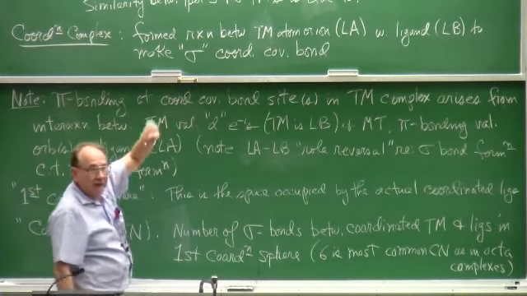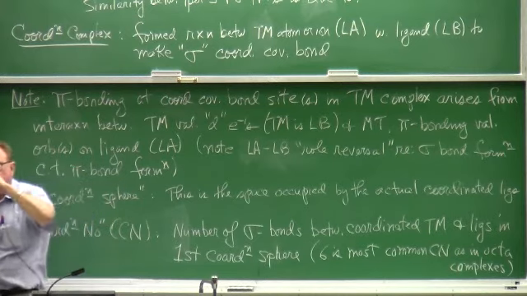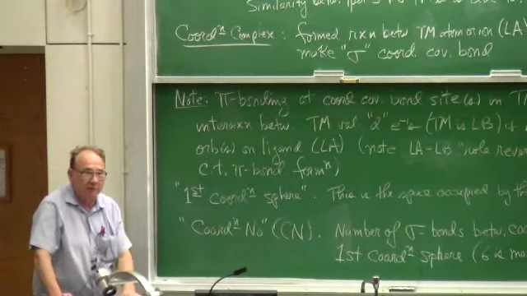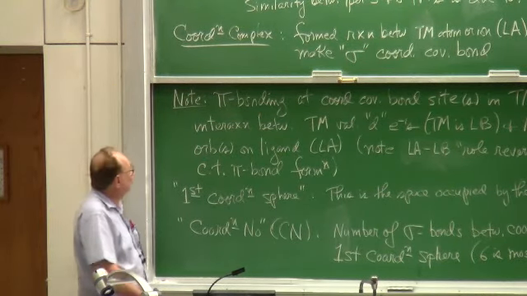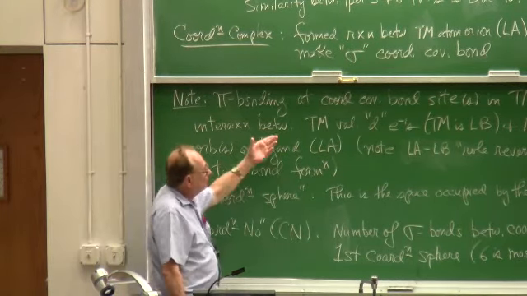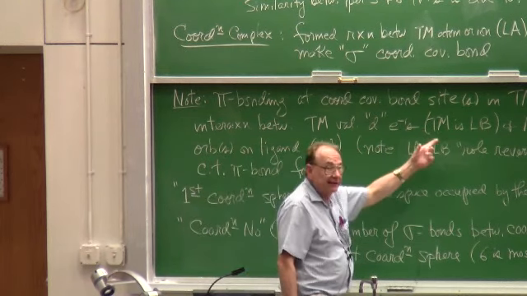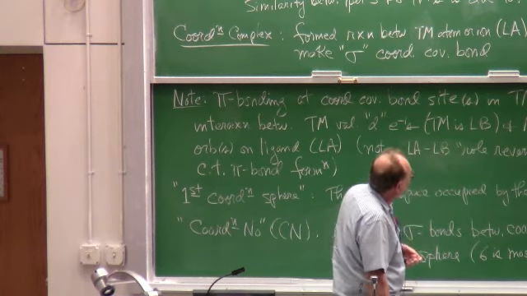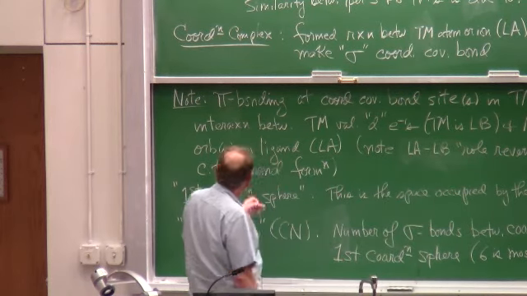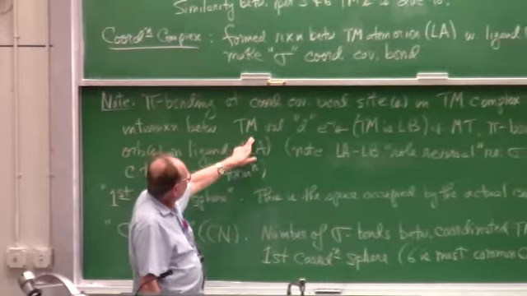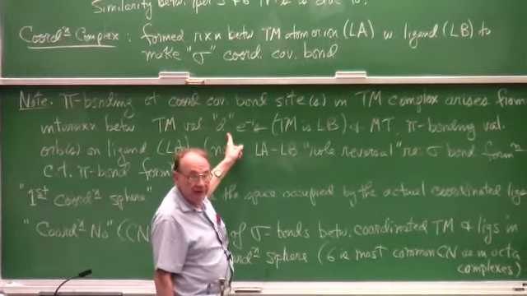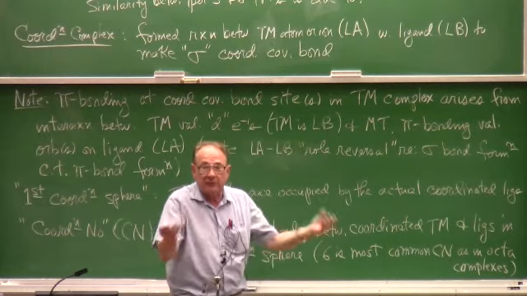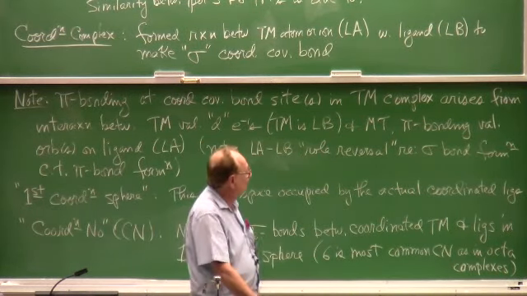But, as we have already discussed, to try to make this aspect of coordination chemistry more palatable to you as we plow further through chapter 24, pi bonding at a coordinate covalent bond site, or bond sites, in a transition metal complex, arises from interaction between transition metal valence d electrons, where in this respect, in making the pi bond, the transition metal is behaving as the Lewis base because it's supplying the electron density to make the pi bond.